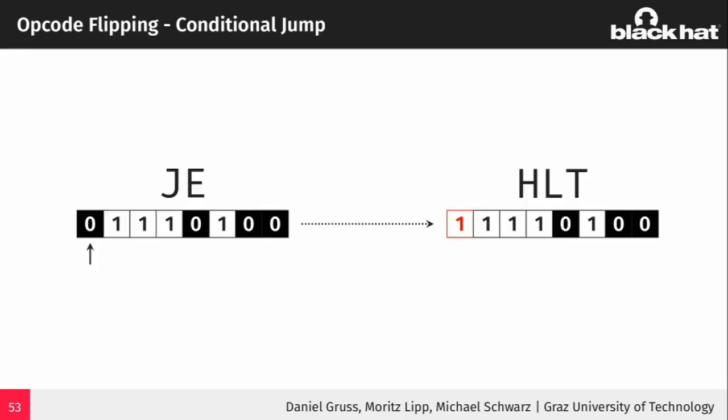The really nice thing about x86 instructions is that they are so dense. If we look at one instruction and flip bits in it, then in most cases we get a different instruction, not an invalid instruction. So we have here a jump equal for the password check? Yeah, that's a jump equal. We check the password and then jump equal and do the stuff. If I flip there, I halt the CPU, which is a privileged instruction.